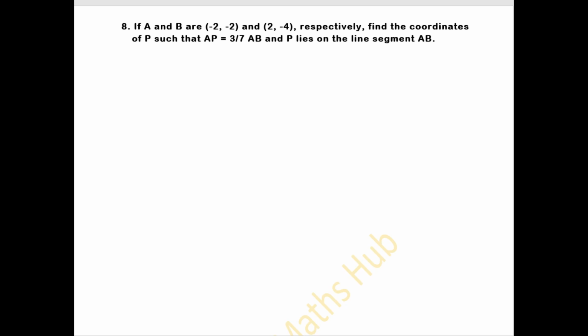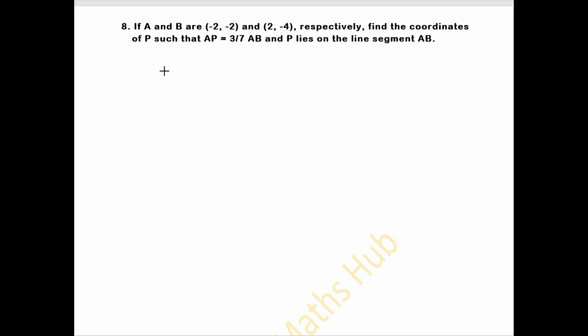Now students, they are given the points A and B. We should find out the point P. What is the condition? Instead of the ratio m is to n, they have given the condition AP equals 3/7 times AB. By using this condition, we'll find out the ratio. Then it will be very easy to find out the point P.